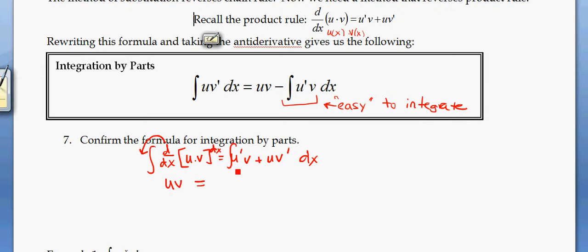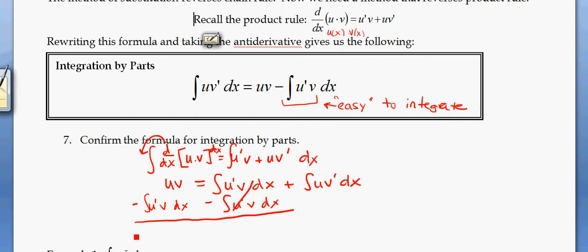And over on this side, we have the property that says if I have the integral of a sum of two terms, I can write it as the integral of the first term plus the integral of the second. And now we just do a tiny bit of algebra. We subtract this term, u prime v, from both sides of the equation, the integral of u prime v.